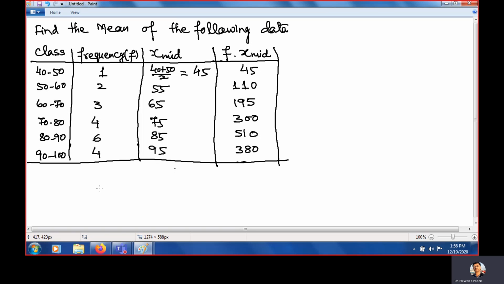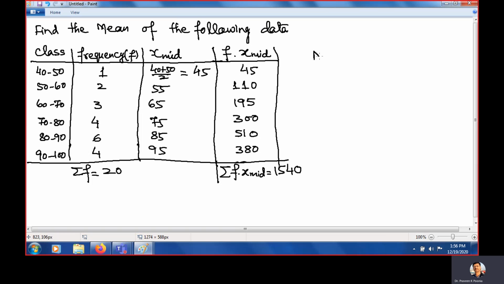Clear? Now you need to find two things. One, you need to find sigma f. 1 plus 2 is 3, plus 3 is 6, plus 4 is 10, plus 6 is 16, plus 4 it is 20. And another you need to find sigma f x mid. How much total? Adding it up, this is 1540.